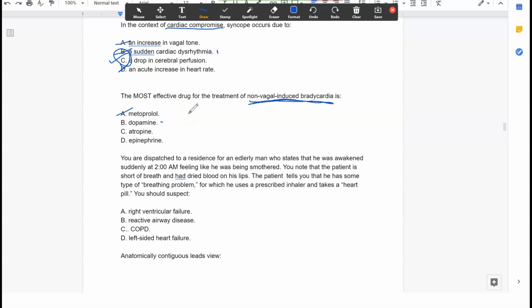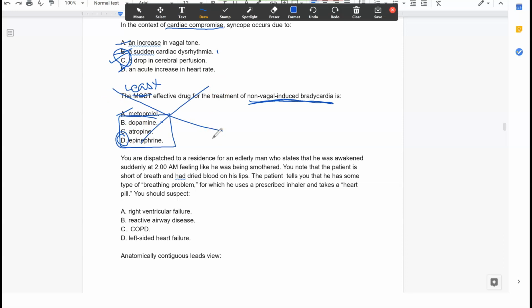So, which is going to be the best answer here? And again, this is maybe one that I would probably have changed from most to least, because all of these can and will have an impact on bradycardias. The answer is epinephrine, but this is another one I don't like.